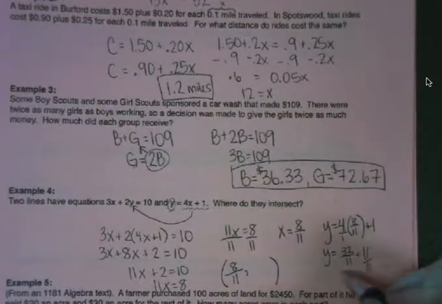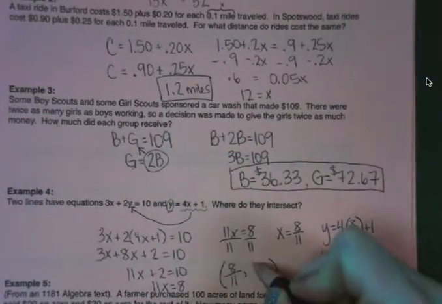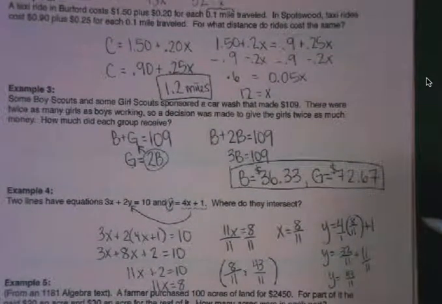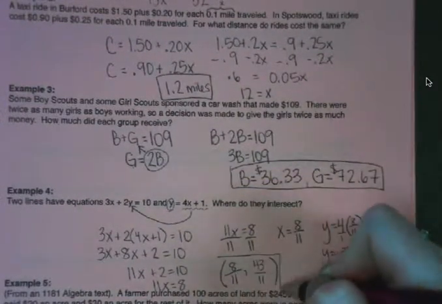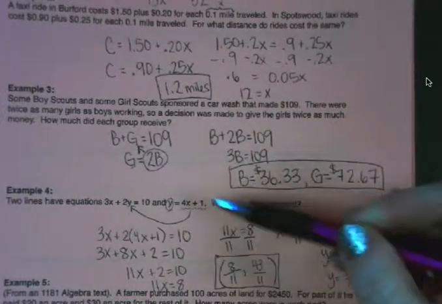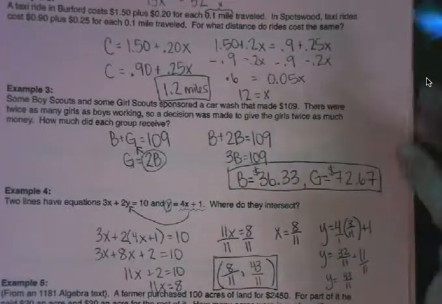So that gives me y equals 43/11. And there's your solution. If you wanted to graph it, go ahead, look at Desmos, graph it, see where they intersect, and that should be the point where they intersect.